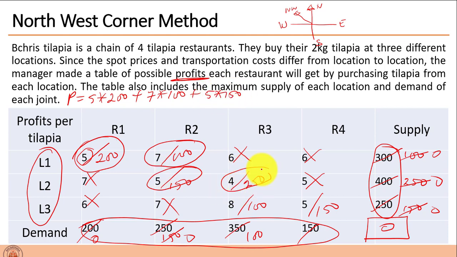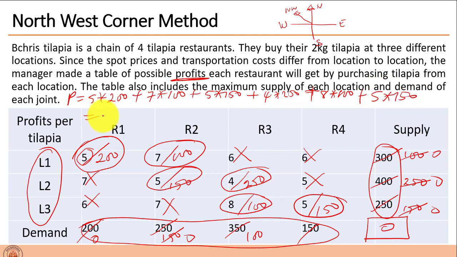Then we go to the next one, plus 4 times 250, plus, go to the next one, 8 times 100, plus, last but not the least, 5 times 150. So this is the combination that we have to do to get our profit.